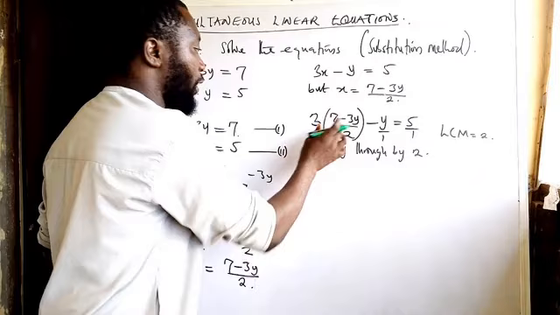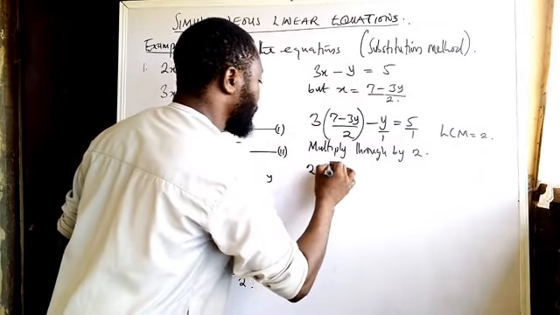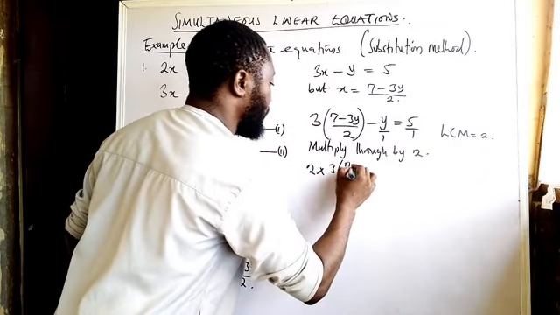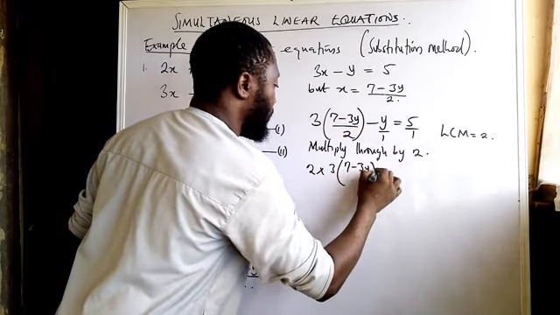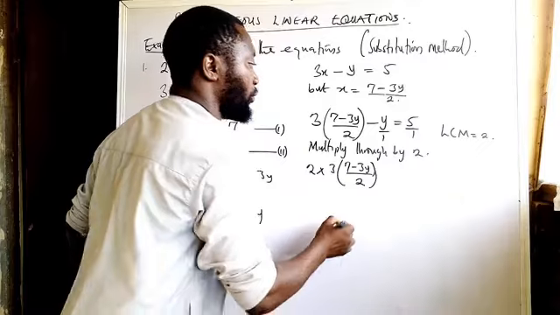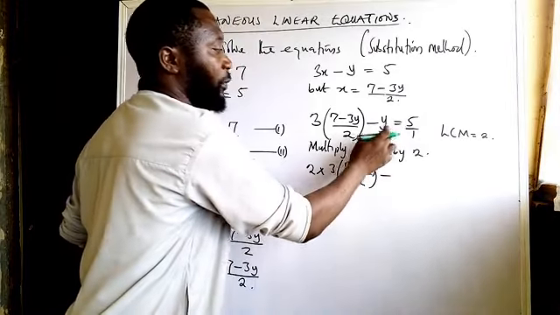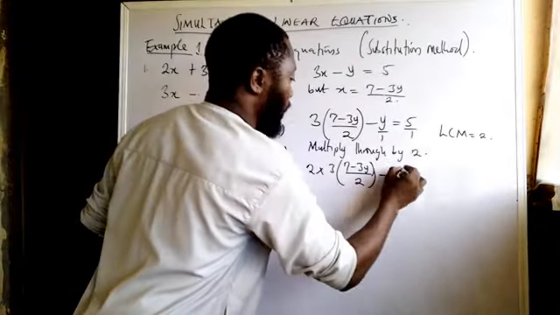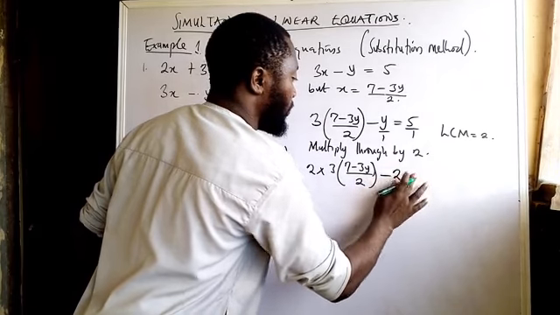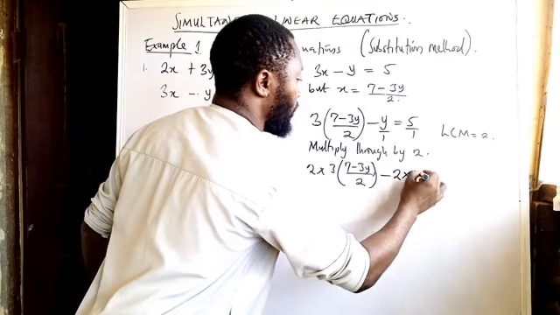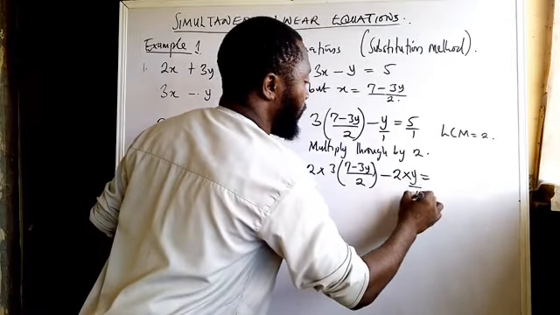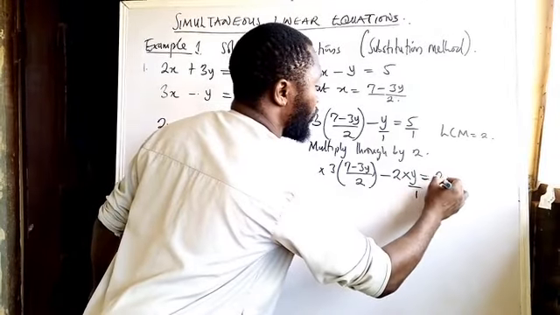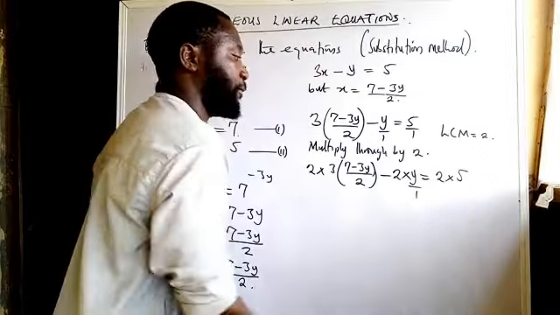So now you're going to have 2 times 3, open bracket, 7 minus 3y, divided by 2, minus, so now you also multiply this by 2, 2 times y, equals 2 times y over 1, equals 2 multiplied by 5 over 1.